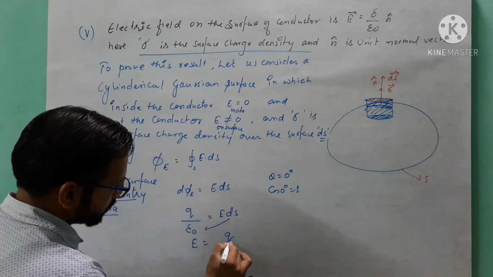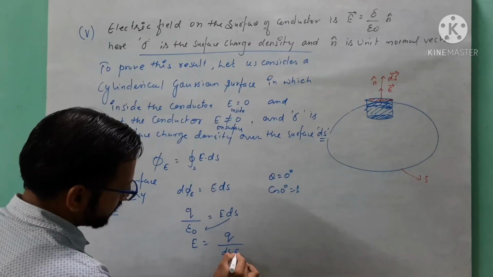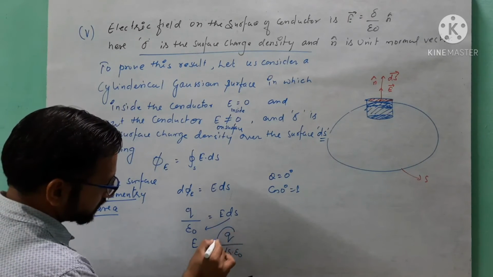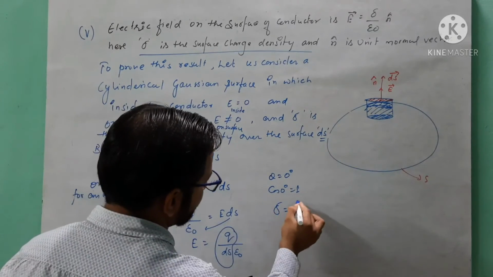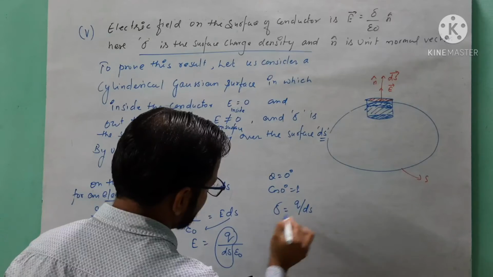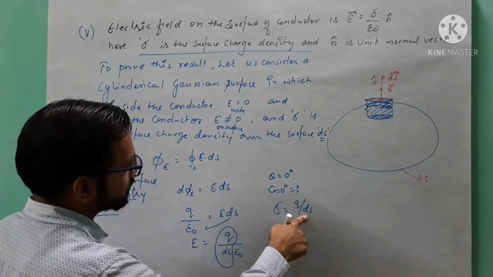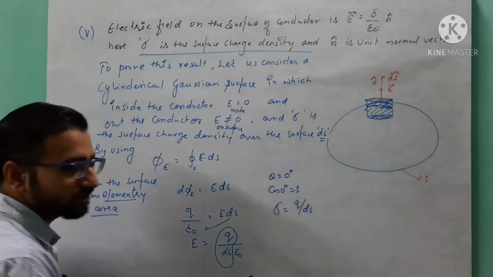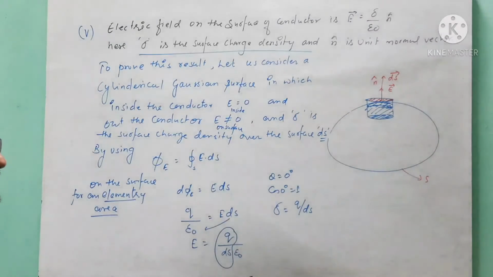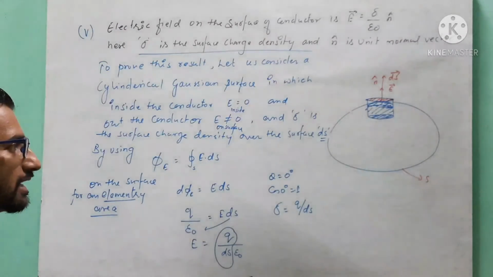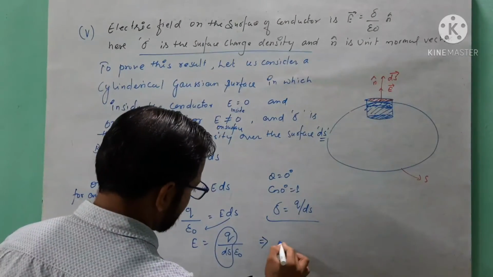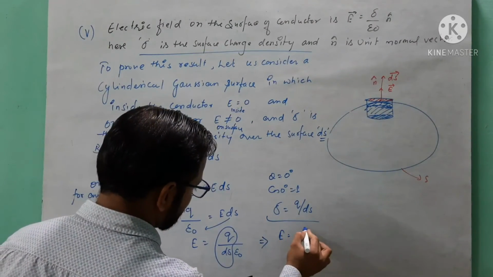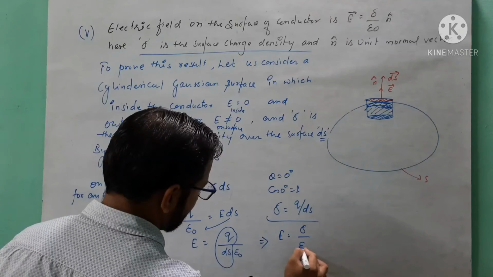E is equal to Q over ds into epsilon naught, and this Q over ds is equal to sigma. It is called surface charge density, and here the surface I am taking is an elementary surface. So the final result is E is equal to sigma over epsilon naught.